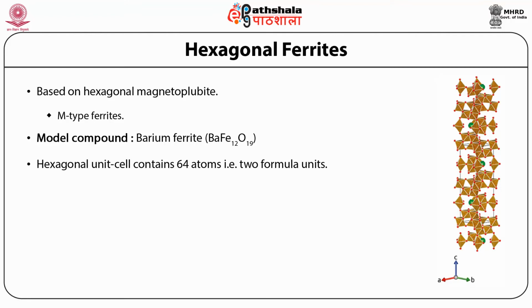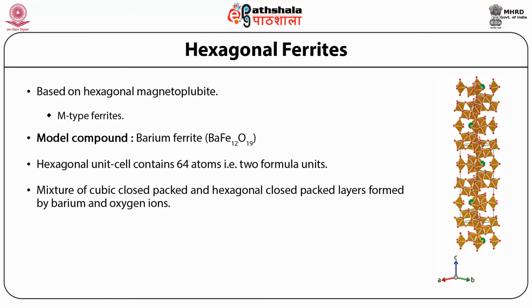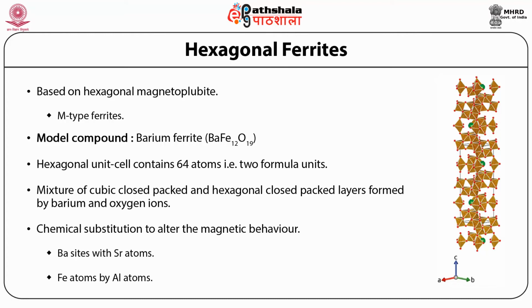The structure is basically a mixture of cubic close packed and hexagonal close packed layers formed by barium and oxygen ions. The chemical substitution of barium sites is usually done with strontium atoms, while iron atoms are substituted by aluminium atoms. So it is based on size and valency, resulting in a change in the magnetic behavior.